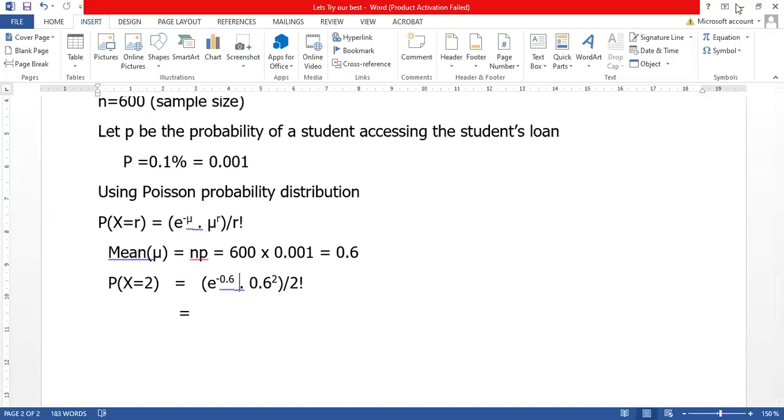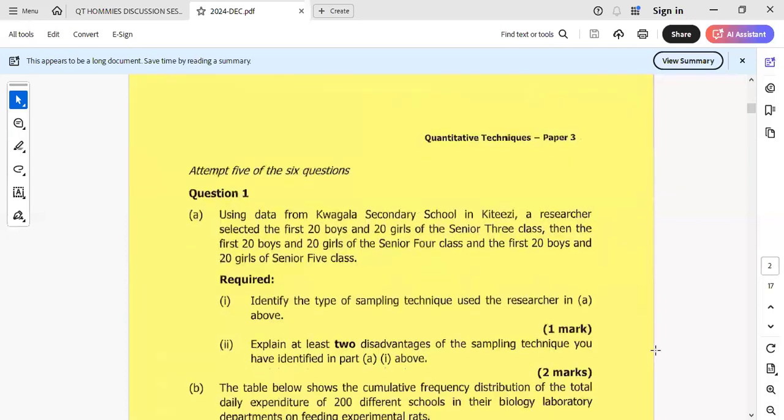Let me open one of the past papers, December 2024. In an exam, you will not have the chance to ask your neighbor.